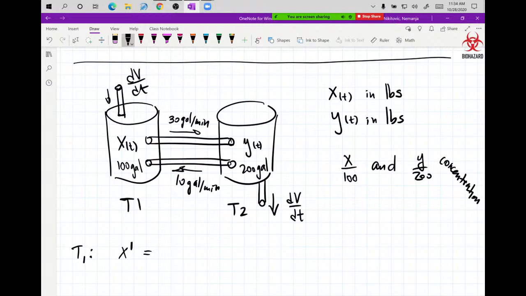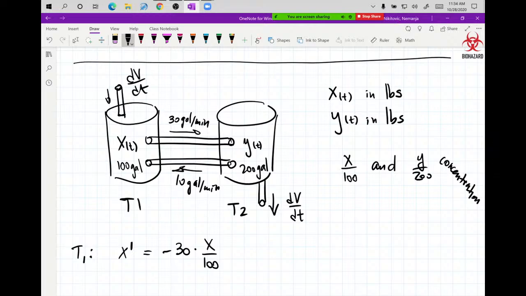So that is going out of the tank, so minus 30 gallons per minute, times the x over 100, which is the concentration of salt in that tank.